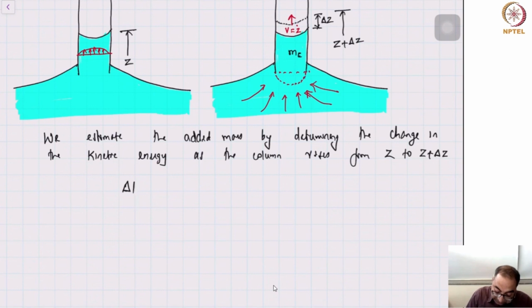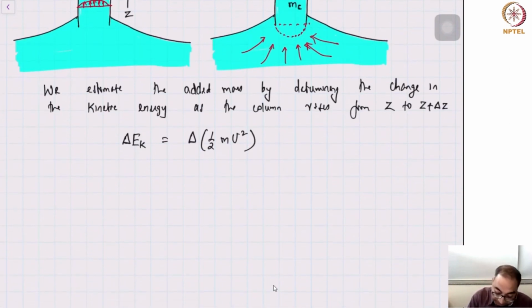So the change in kinetic energy, let's call it delta Ek, is the change in half m u square. Let's determine basically what is this m here. The m can be divided into three parts. The first part is, I can say m is nothing but mc, that's the mass in the column.